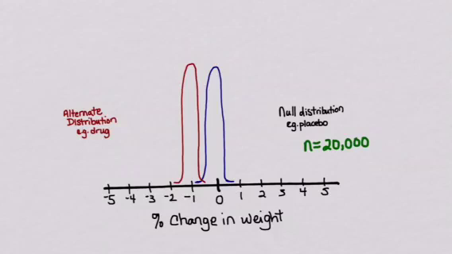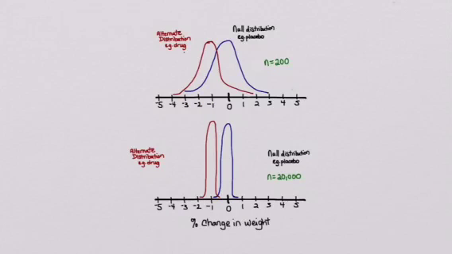So the point is that the sample size can have a big impact on whether a result is statistically significant. So in both cases, we had a change in weight of 1%. So here this shows this effect size right here, this difference, is the same in each study, right?